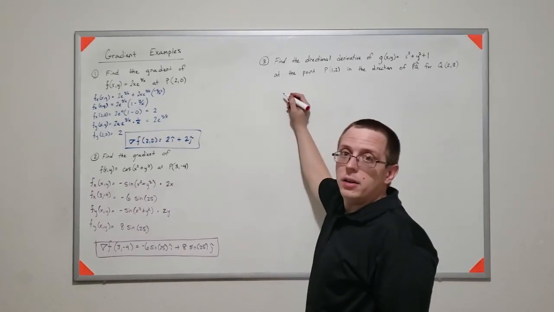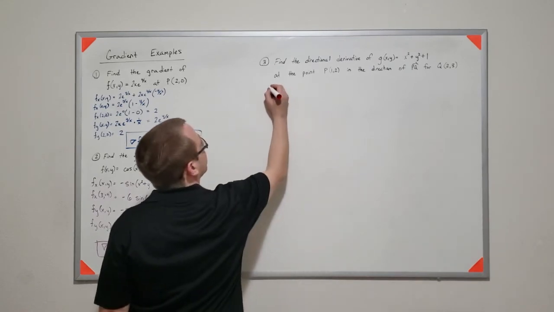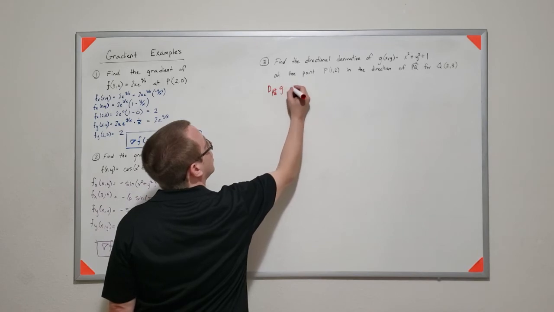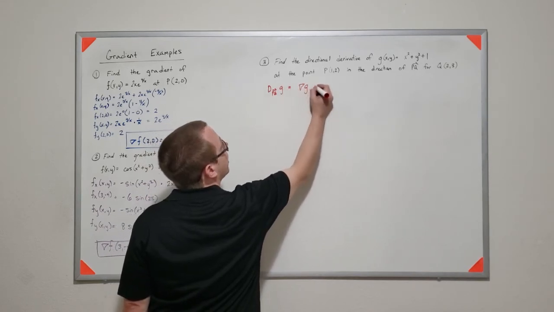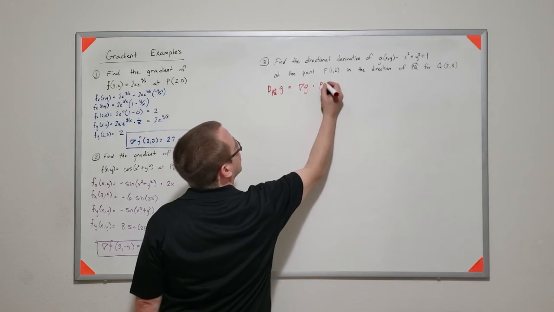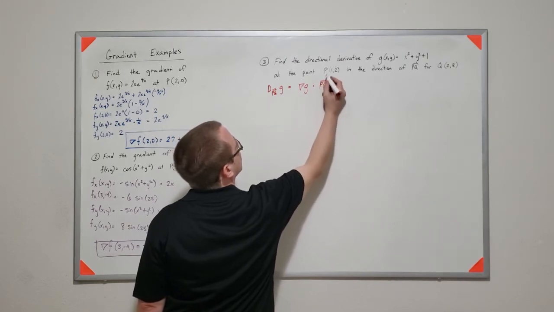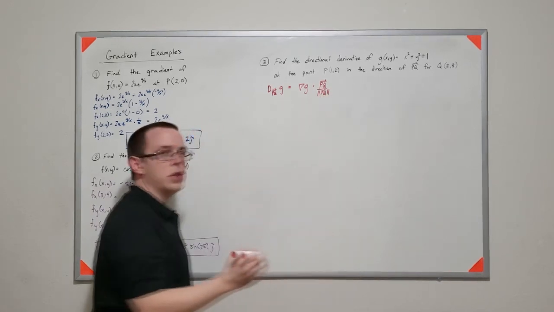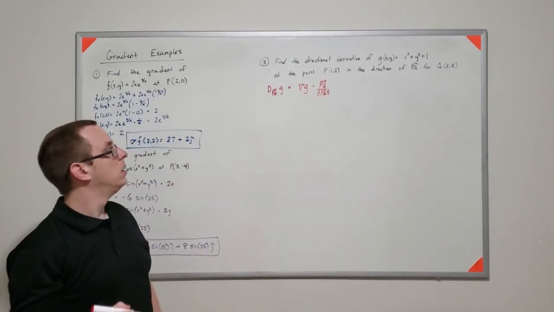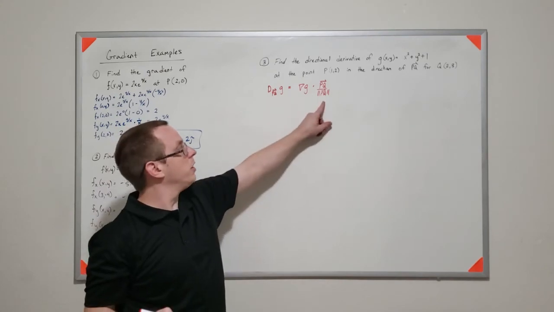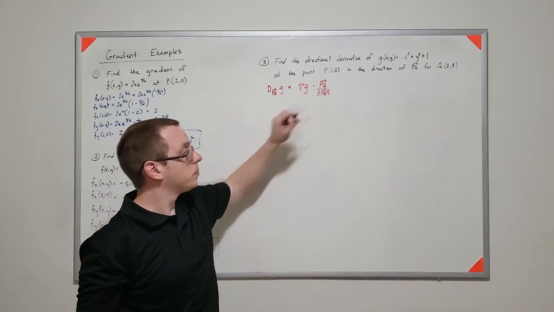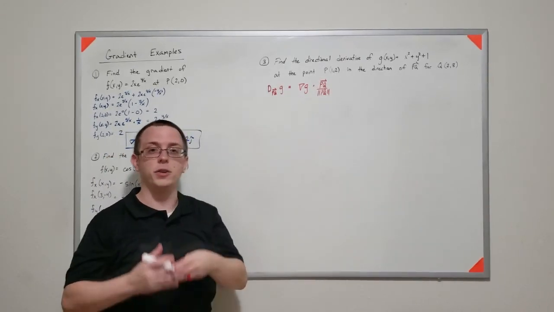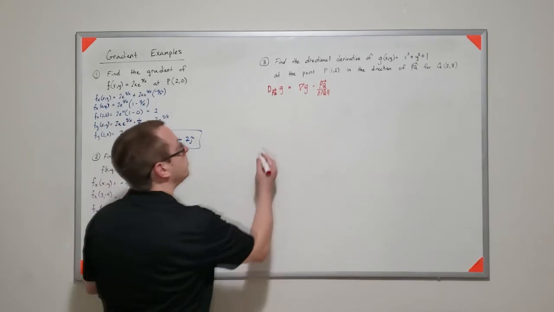So we need to find, remember that the directional derivative is the gradient dotted with the unit vector in that direction. So PQ is not going to be a unit vector, so we need to write it like this. Anyway, so we're going to compute the gradient, we're going to find the unit vector, we're going to take a dot product.